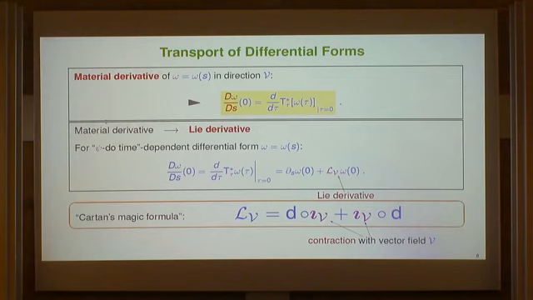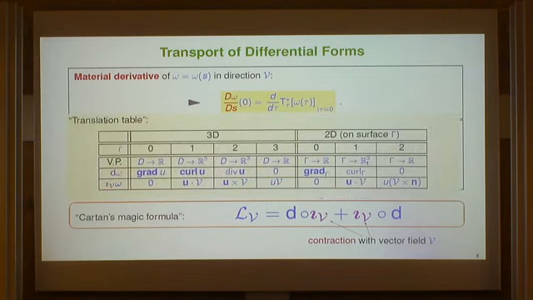And to make you believe me, I give you the contraction for our vector proxies. This is the last line in this translation table. I shouldn't block your view. You see, contraction with a vector field is a very simple operation. Just the inner product for one forms. For two forms, it's the cross product.